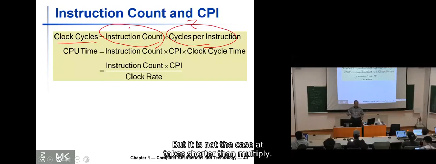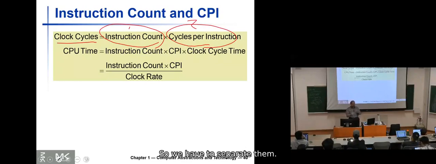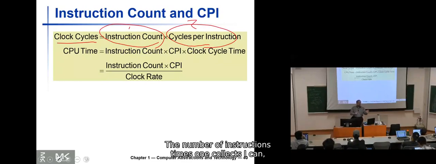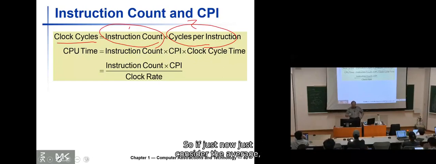But it is not the case. Add takes shorter than multiply. Multiply takes more clock cycles to be executed. So we have to separate them: the number of add instructions times 1 clock cycle plus the number of multiply instructions times 4 clock cycles, and so on. So if we just consider the average cycles per instruction times the instruction count, it becomes clock cycles.